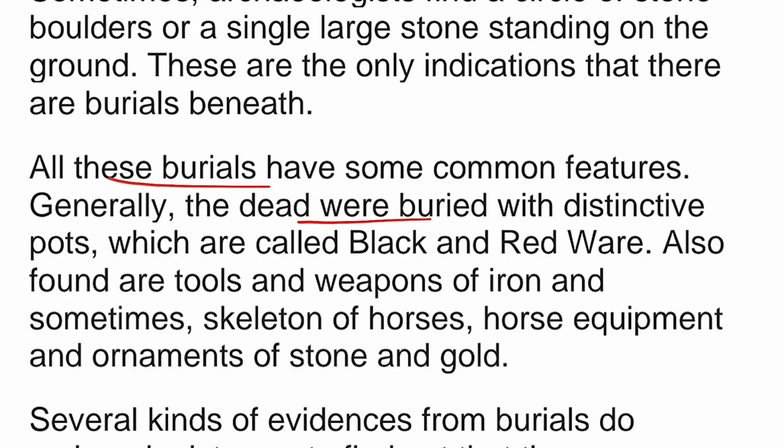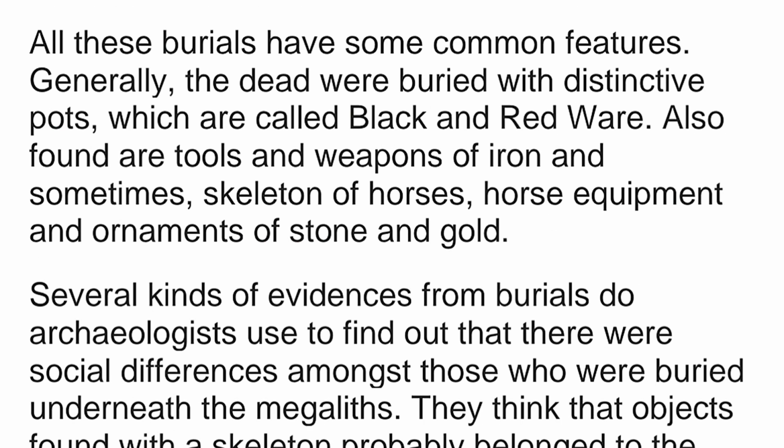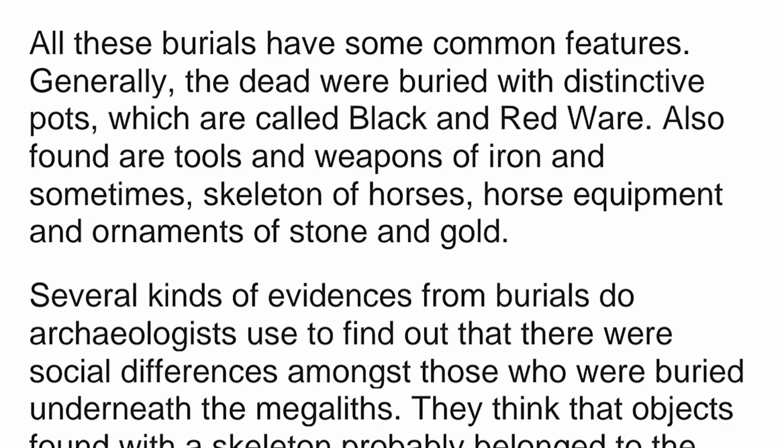Generally, the dead were buried with distinctive pots, which are called the Black and Red Ware. Also found are tools and weapons of iron and sometimes a skeleton of horses, equipment and ornaments of stone and gold.